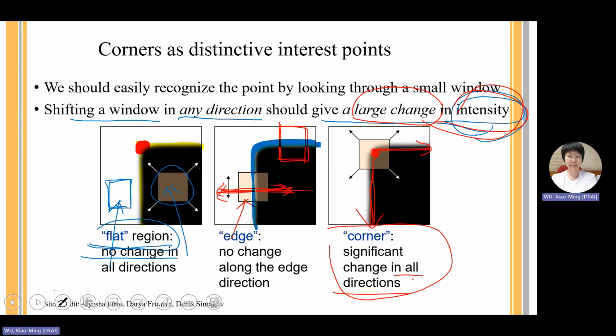But if the center of your window is only at an edge pixel, then because edges are one-dimensional, there won't be any change if you move the window along the edge direction.